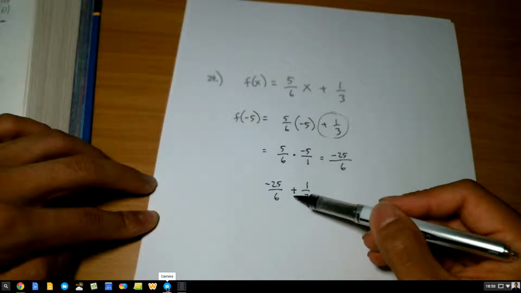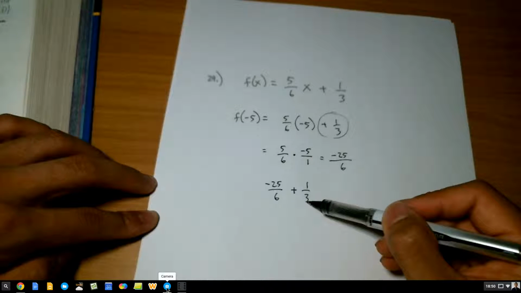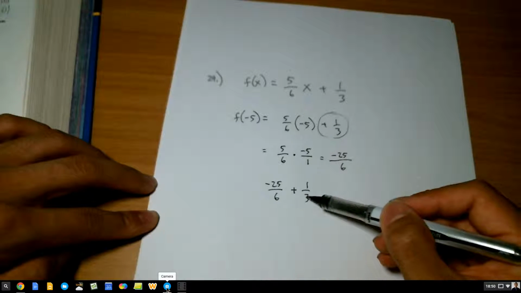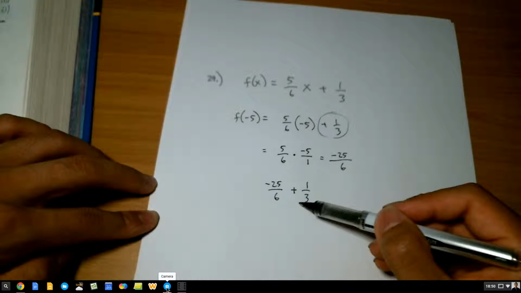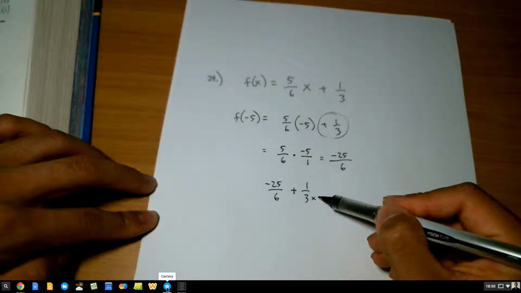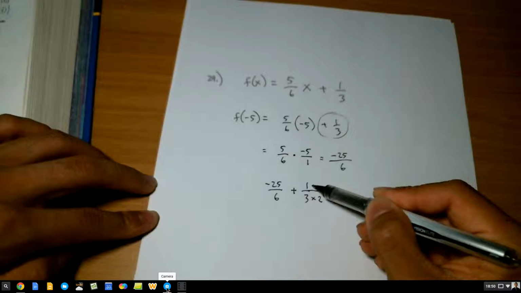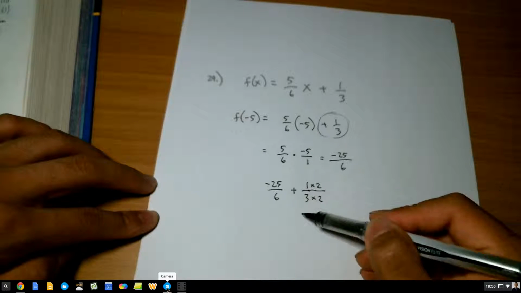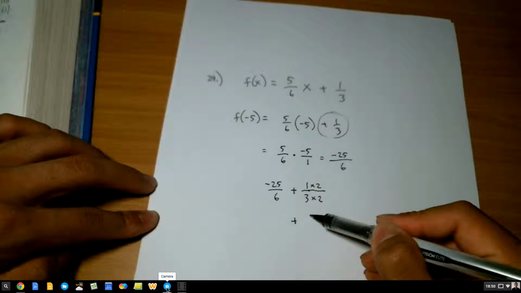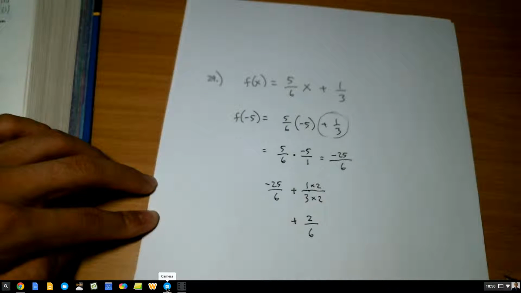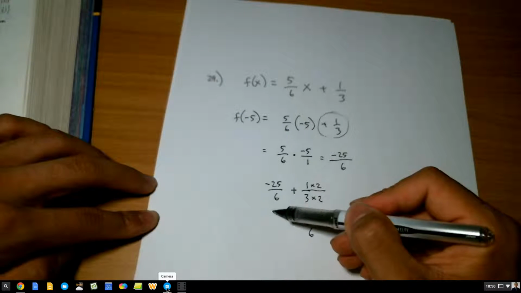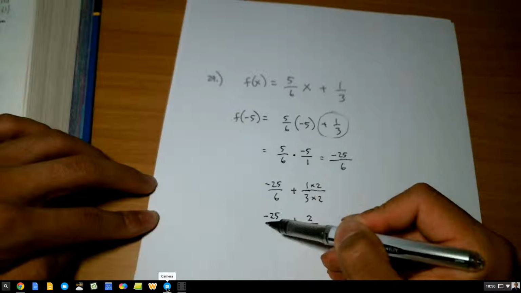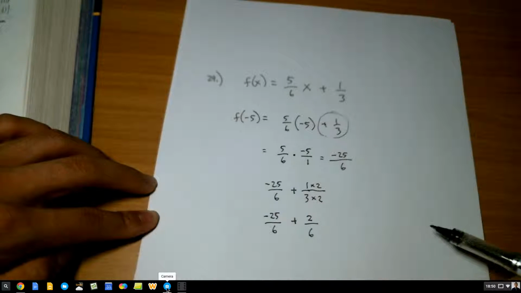Now, since we're adding, we need to get a common denominator first. And so we have a 3 here and a 6 here, so the common denominator is 6. So we multiply the bottom here by 2, and we multiply the top by 2. So this part becomes 2 over 6. And we drag this down, negative 25 over 6.